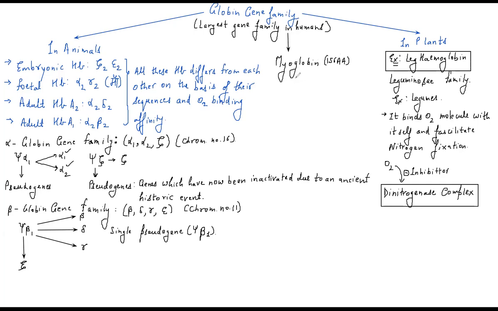Myoglobin is also going to bind with the oxygen molecule, binds with oxygen present in muscles, and helps provide oxygen when you are doing extensive exercises. Please note all these points.